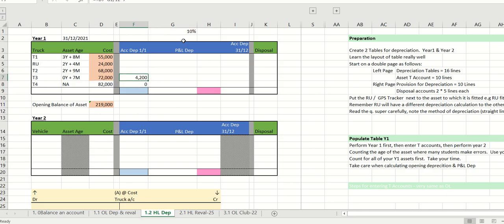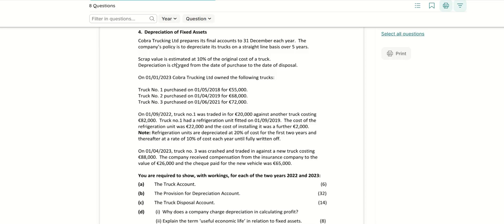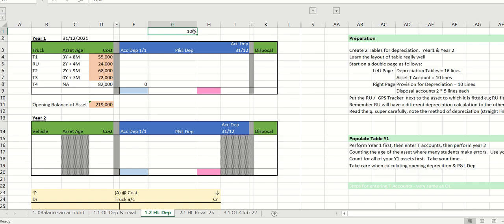That's what we would be doing in a traditional depreciation question. However, the examiner has made it a little bit harder for us this time around by informing us that there was scrap of 10%, excuse me.